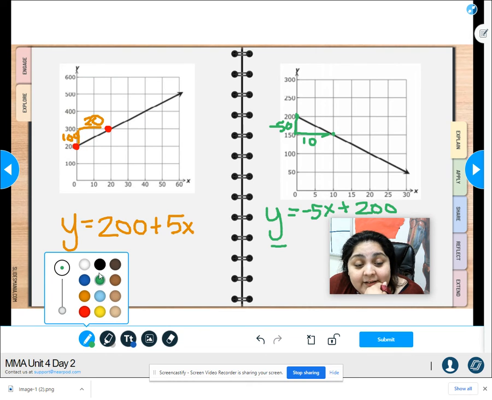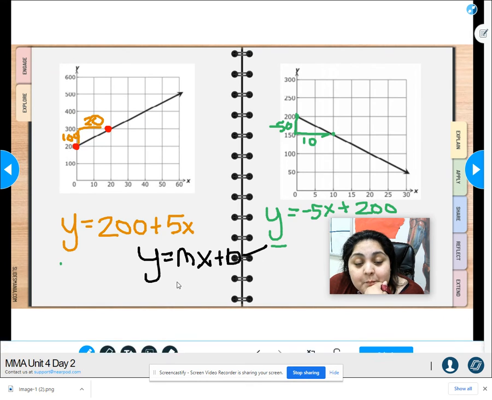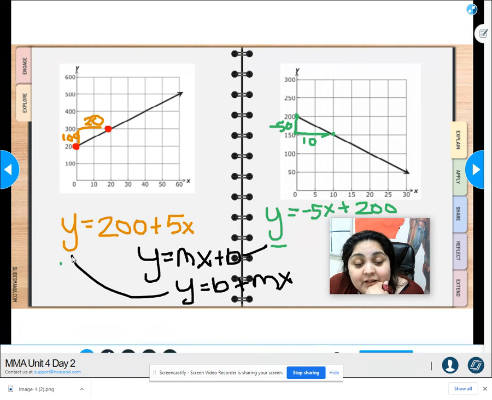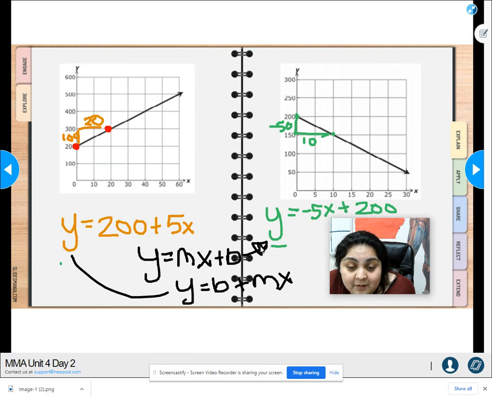So again, they mean the same. Y equals mx plus b is the way the green one is written. Or it could be y equals b plus mx, which is what the orange or yellow color is called, okay? It's all right. They mean the same thing.